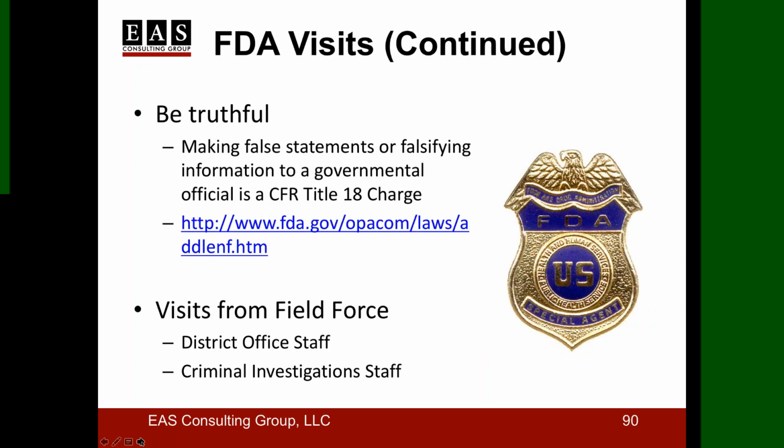Again, be very truthful. If you lie or give false information by word, by paper, or electronically to the FDA, you are not committing a 21 CFR charge. You're committing a charge against a federal official, which is under Title 18.